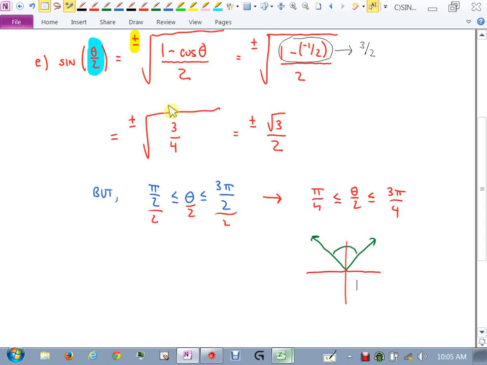And I'm interested in knowing what sine of that is. Well, sine is the y-coordinate, isn't it? So over here, in either the first or second quadrant, your sine is positive, right? So I know that this is actually going to turn into the positive root 3 over 2 because of this.